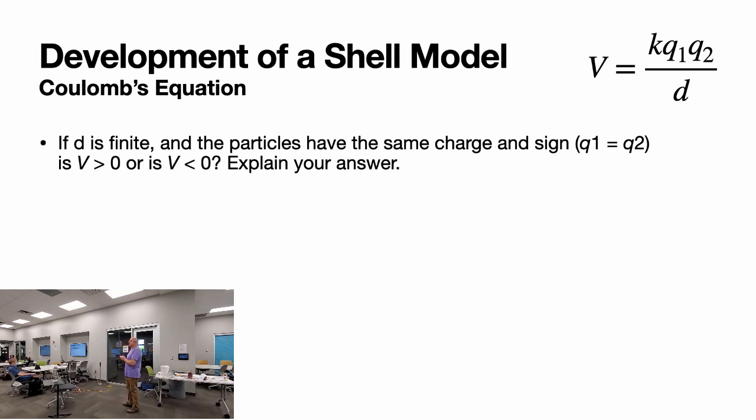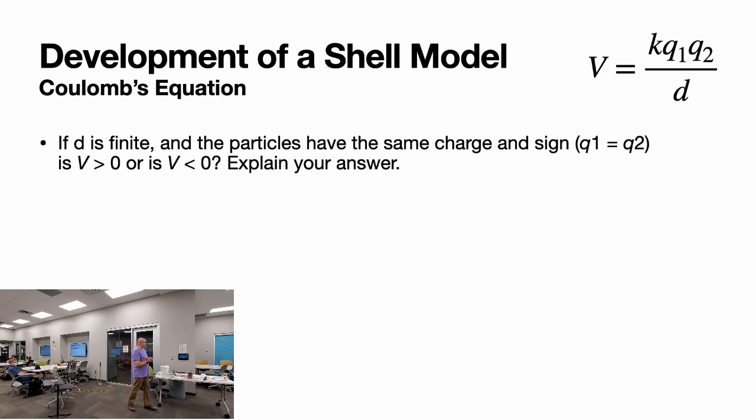Well, distance for us is always going to be a positive value. Finite is simply because we don't want it to be 0. And as Jordan said, if it's infinite, then our value is essentially 0. Okay?